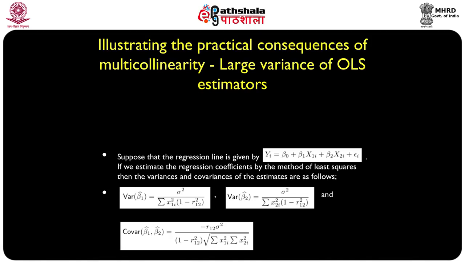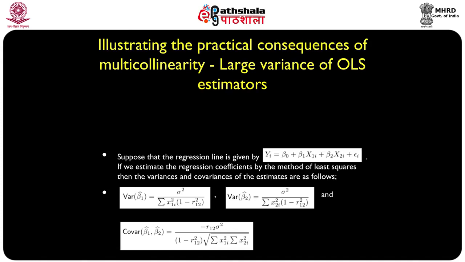Suppose that the regression line is given by yi equals beta naught plus beta 1 x1i plus beta 2 x2i plus epsilon i. If we estimate the regression coefficients by the method of ordinary least square, then the variances and covariances of the estimates are given by the following expressions.